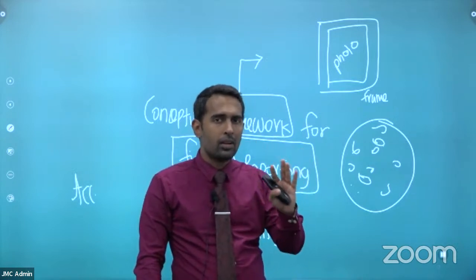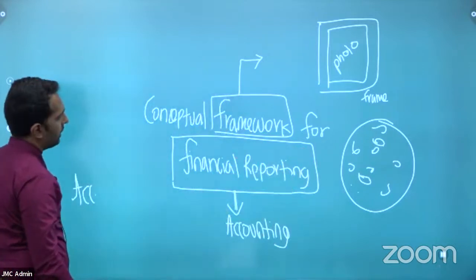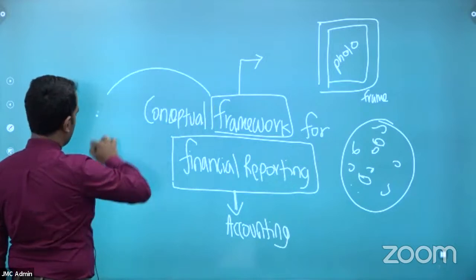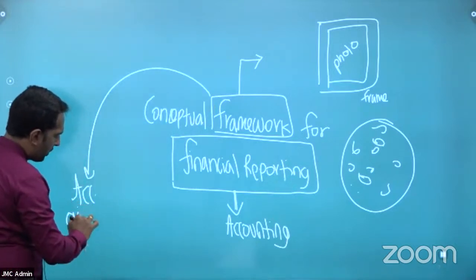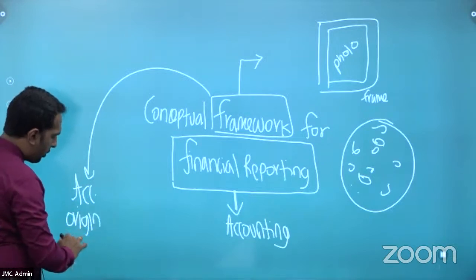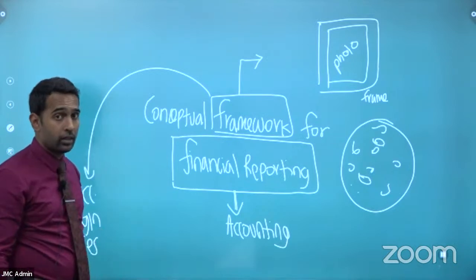This particular guideline is what we call the framework. So the framework is kind of the origin of accounting. The framework provides all the basis of accounting for you to do the accounting.